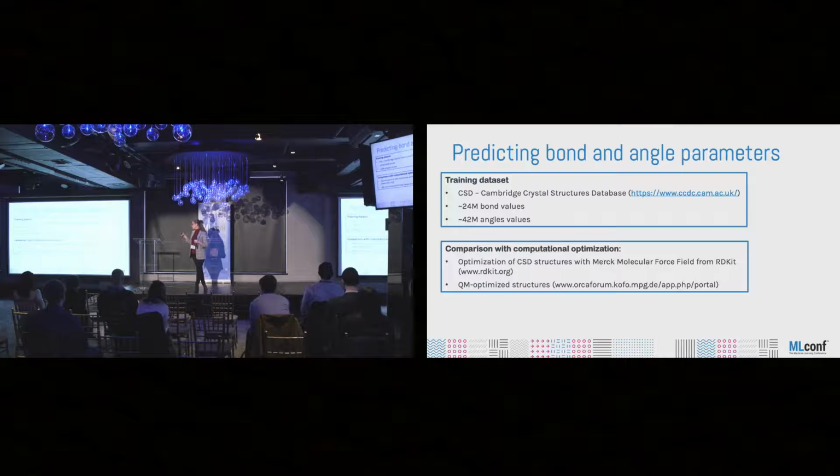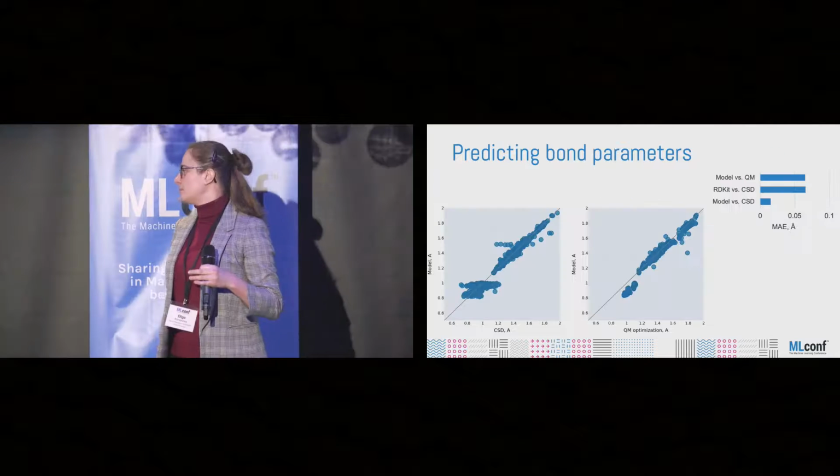One of the tests that we did was to use the molecular force field to optimize those experimental structures that we used for training and see what is the difference between the prediction of our model and the prediction of the molecular dynamics package. The other was to choose a completely different set of molecules, optimize them with quantum mechanics computations, and then compare with the prediction of the model.